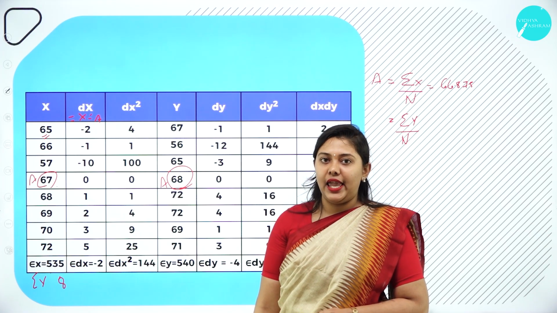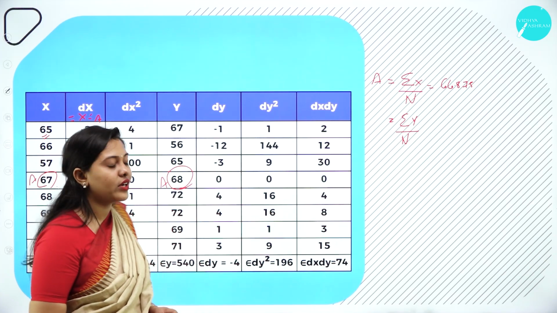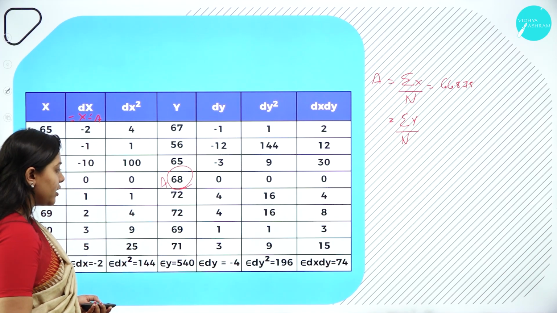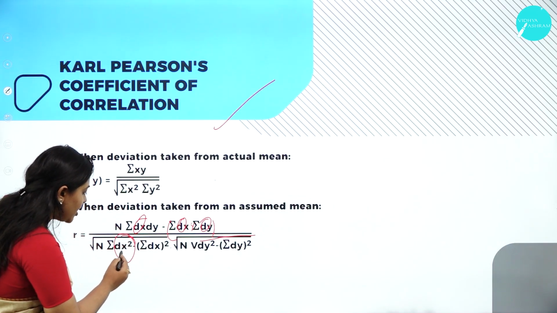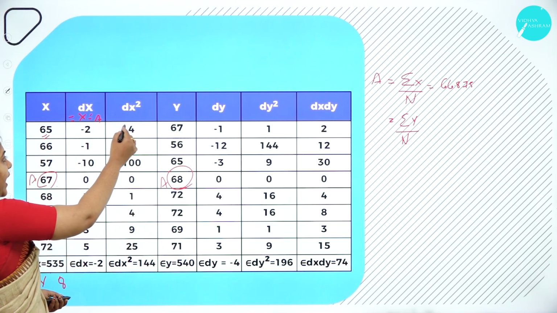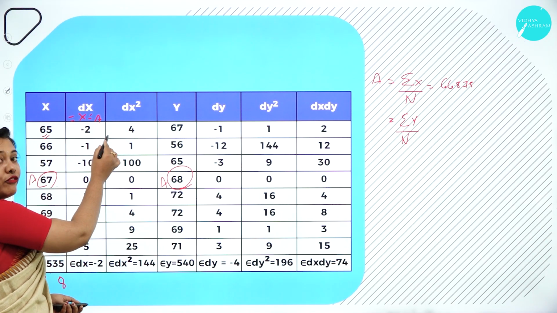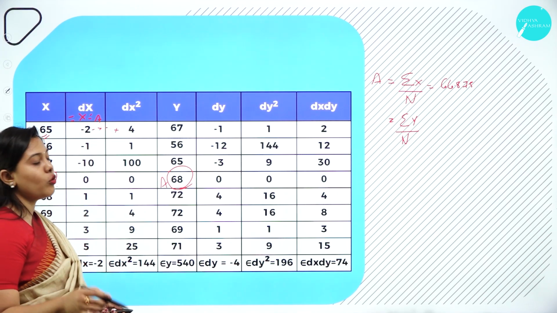The next thing you have to calculate is dx square. So what we want is the deviation x square. That is why we are calculating dx square. So 2 2s are 4. Minus into minus will be plus, so plus 4.